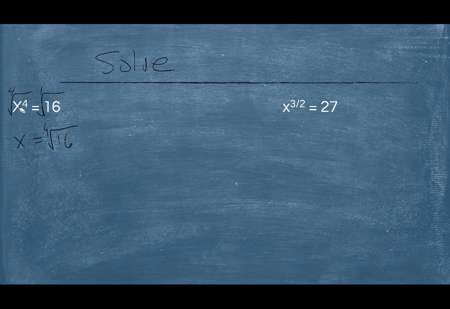Another way to express that, with exponents, is that if you've got x to the 4, then it's 16 to the power of 1 over 4. If it's 4 on the left side, it's 1 over 4 on the right side. You can choose what you want there. That's the fourth root of 16, and I'm going to type that into my calculator.